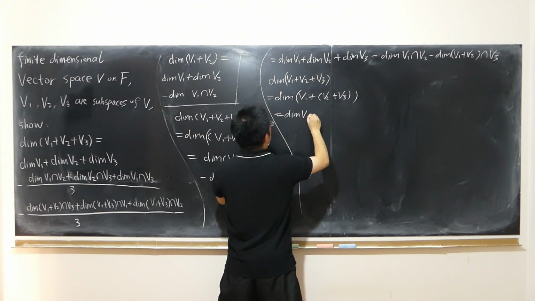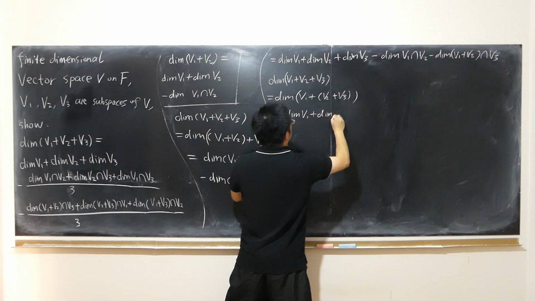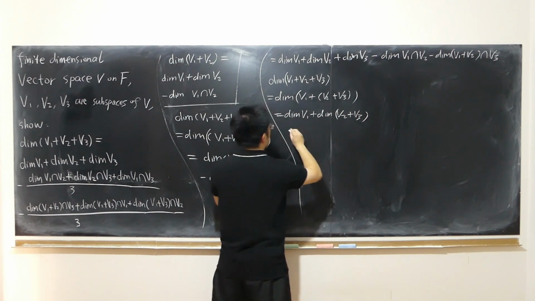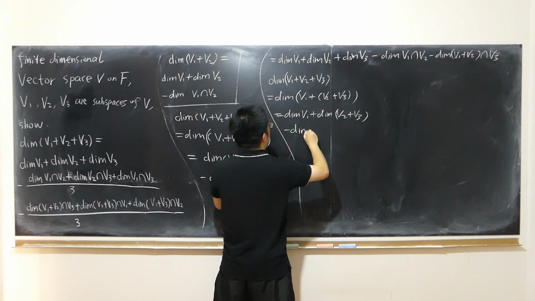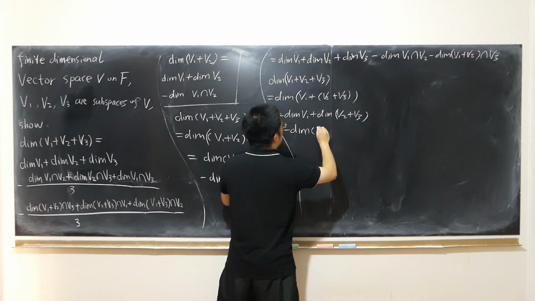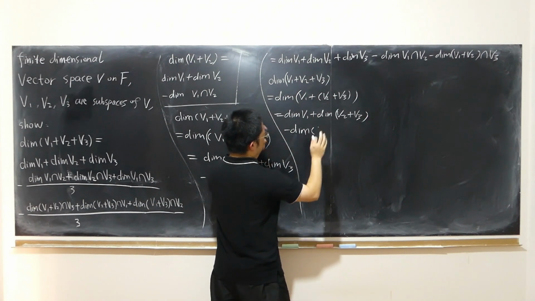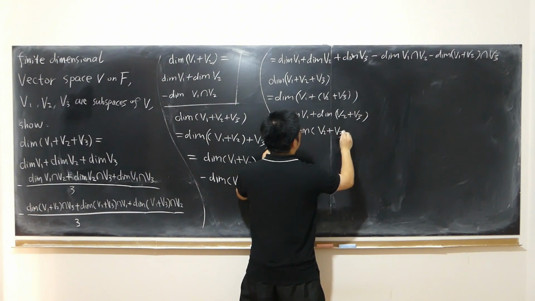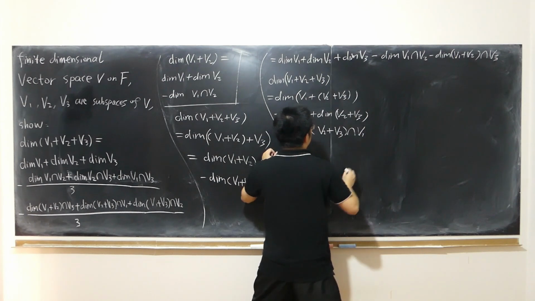The dimension of V1 plus the dimension of V2 plus V3, then minus the dimension of, of course, V2 plus V3 intersects V1.